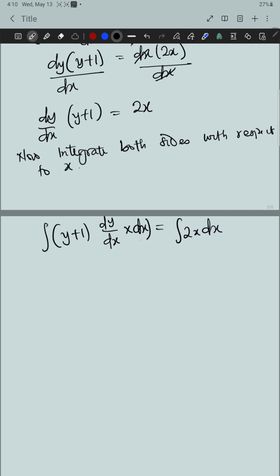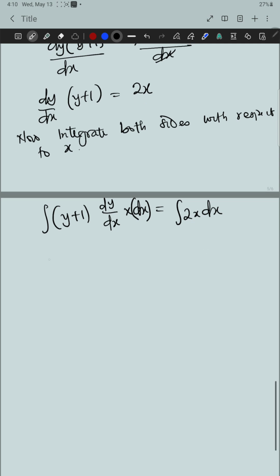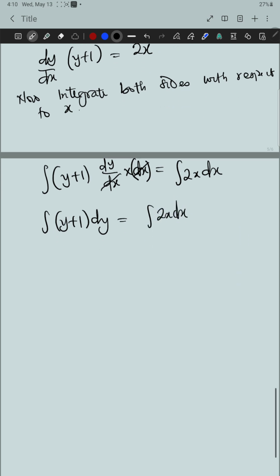Remember, when you are integrating, you must put this dx there. Very important. Let's integrate both sides with respect to x. The integration cancels the dx, so the integration of y plus 1 dy is equal to the integration of 2x dx. All right, let's integrate that quickly.